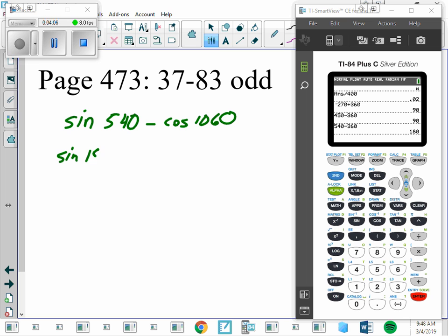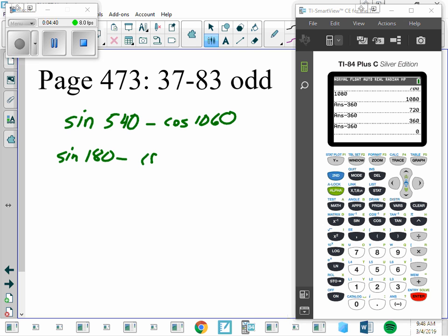So the sine of 180 minus 1080, I'm going to subtract 360, still too big. Minus 360, still too big. Subtract 360, and I end up with 0.